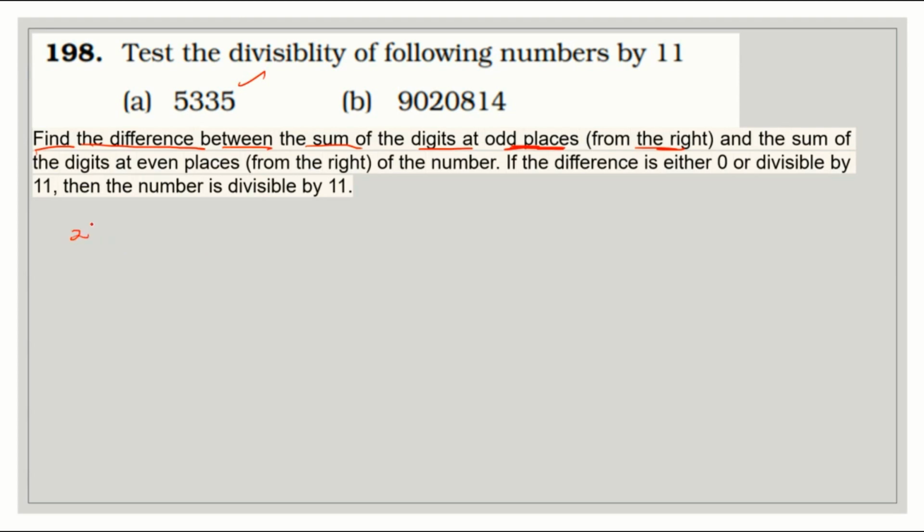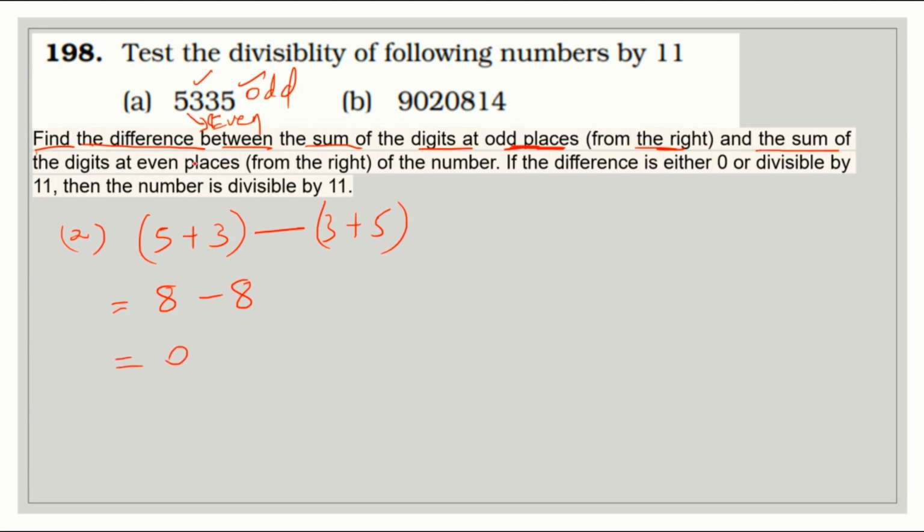In the case of A, 5 plus 3, minus, these are all even places, these are all odd places, so 3 plus 5, whereas 8 minus 8, this results as 0.